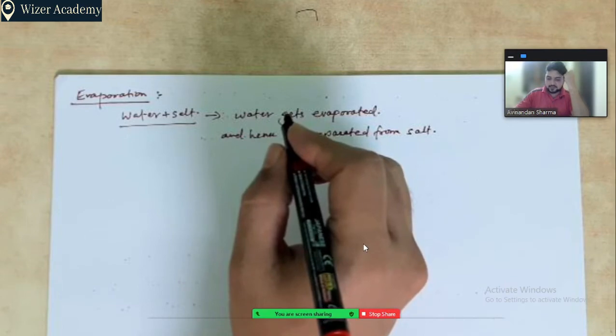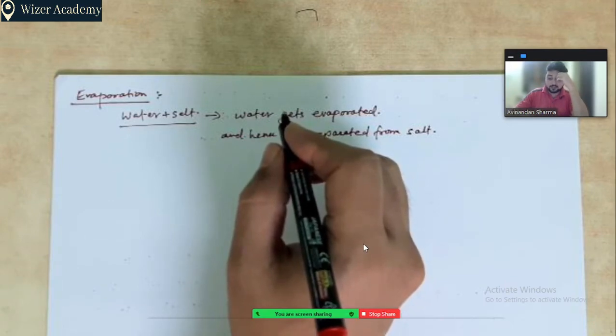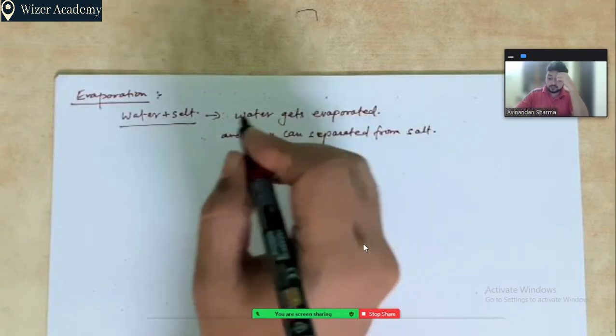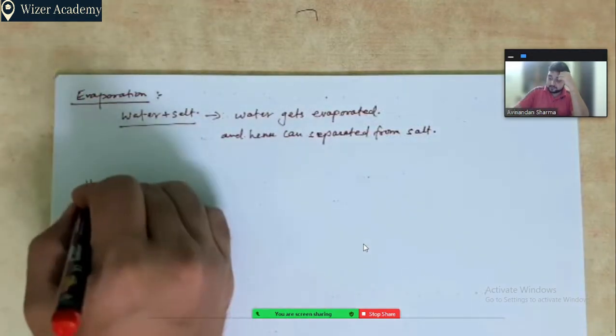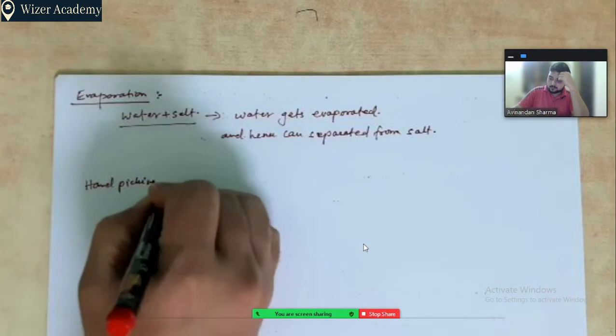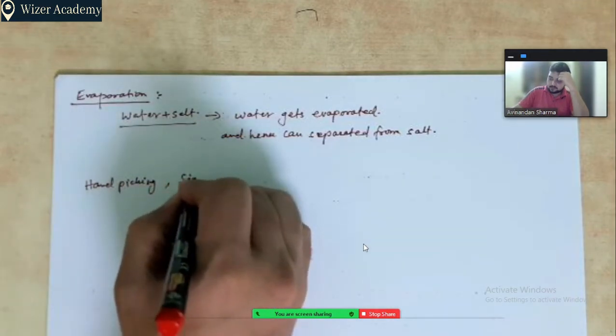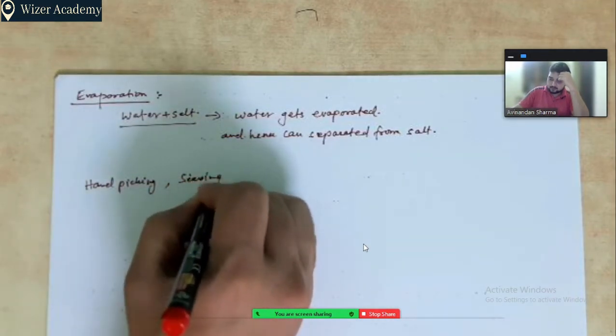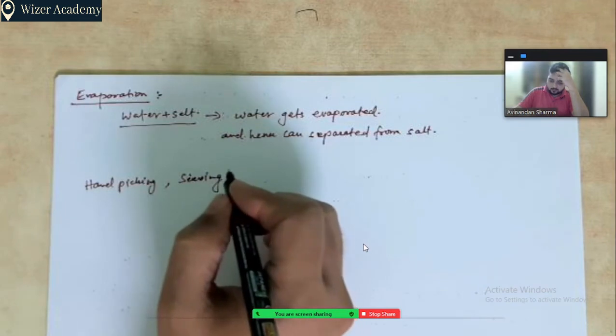There are different physical methods also in which a heterogeneous mixture can be separated. It's like hand picking or sieving or filtration.